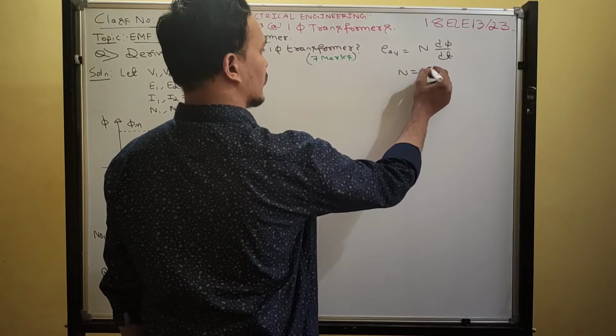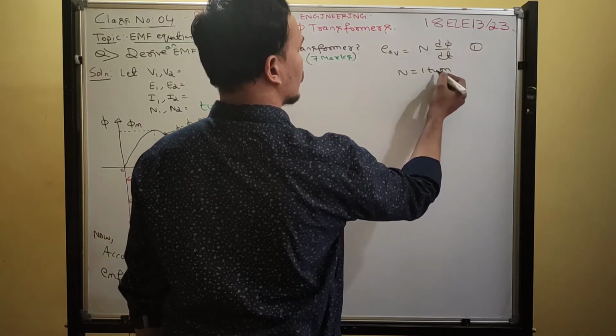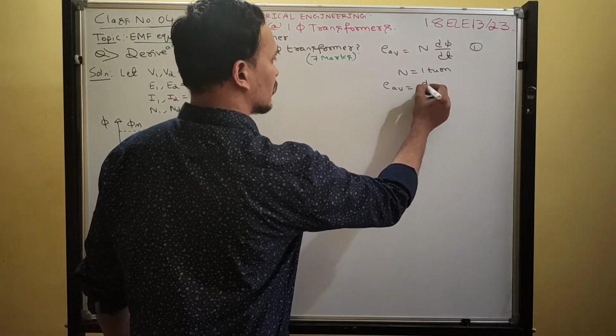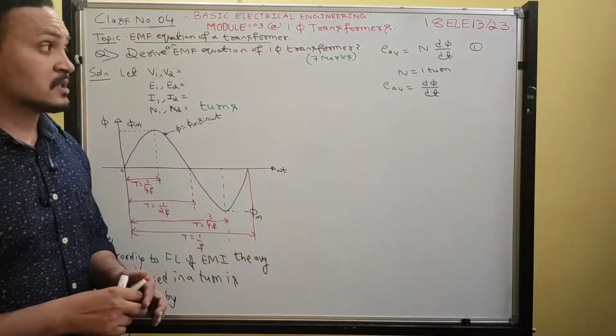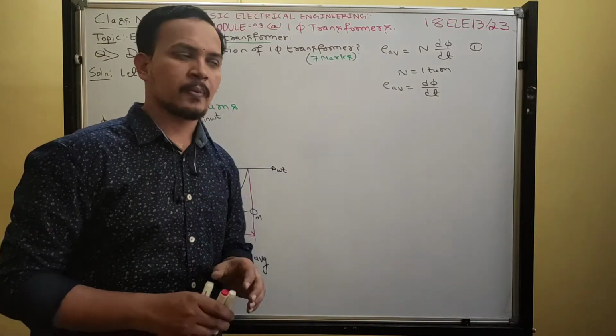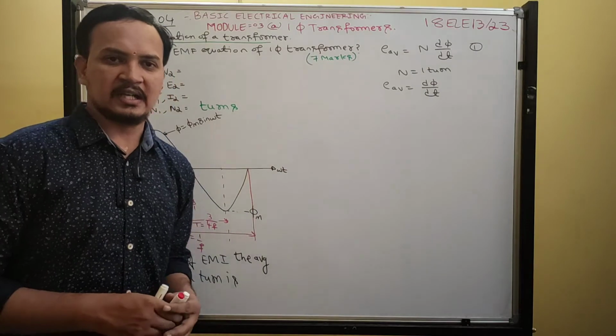So we have taken N equal to 1 turn. Okay, this is equation 1. Take N equal to 1 turn, then it becomes E_AV equal to dφ by dt. What is dφ? Change in flux. What is dt? Change in time. The rate of change of flux is nothing but dφ by dt.